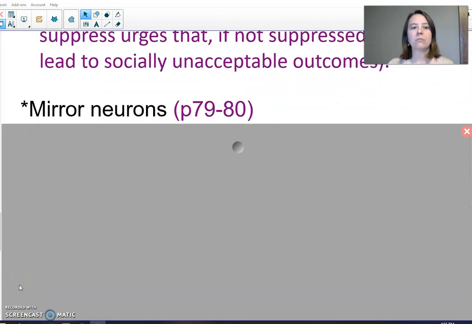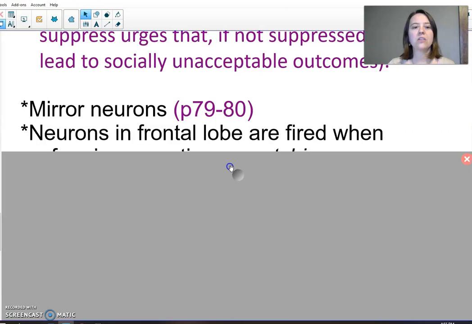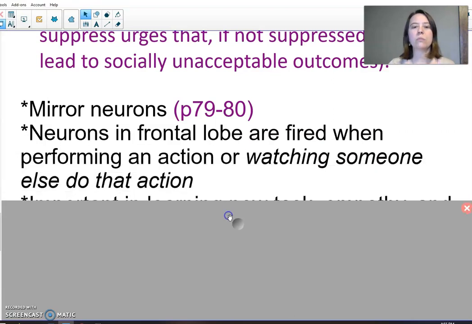So another thing I want to talk about are mirror neurons, which are found in your psychology binder on pages 79 to 80. Those are neurons in the frontal lobe which fire when performing an action or when watching someone else do that action. These mirror neurons were discovered actually by accident in Italy in the 1990s.